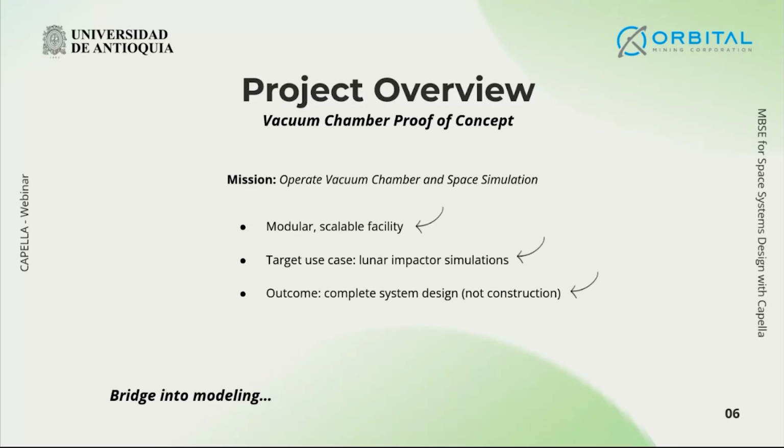But rather than building the chamber, the goal was to produce a complete and consistent system design that is ready to support future construction, integration, service provision, and experiments such as lunar impactor simulations, software testing simulation, and so on.